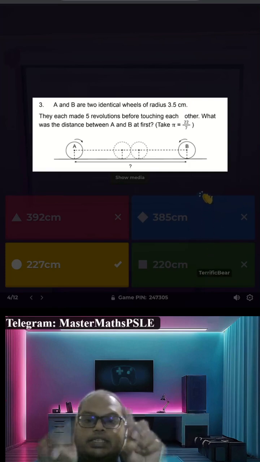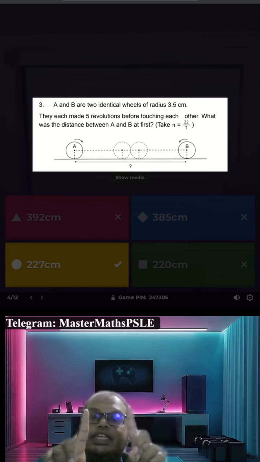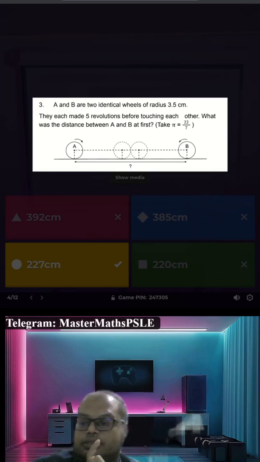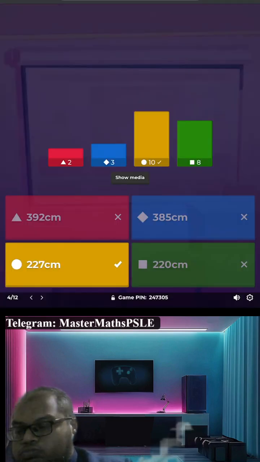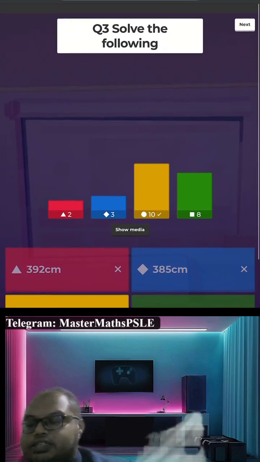So there's that distance between the center of one circle to the center of the other circle. This adds up to 2 radius. That's why you must plus 7, for those who got 220. So the answer is 227.